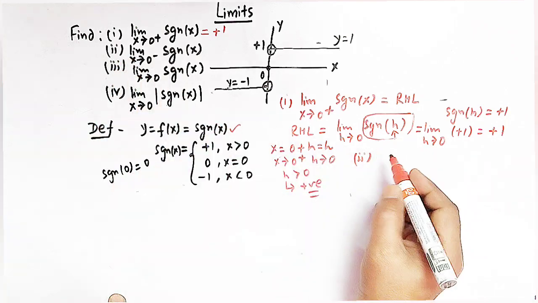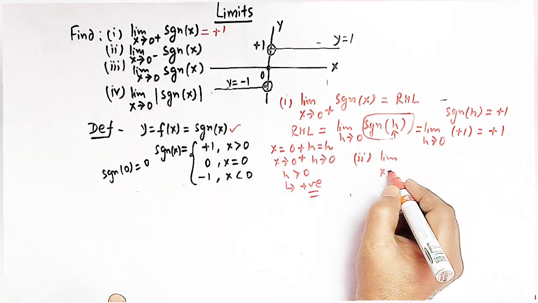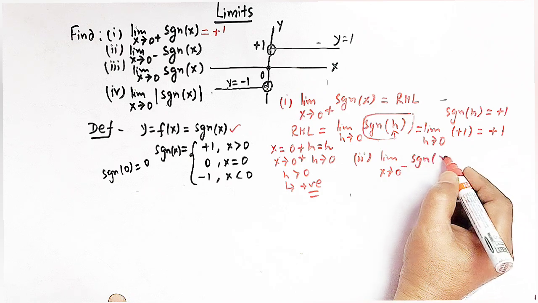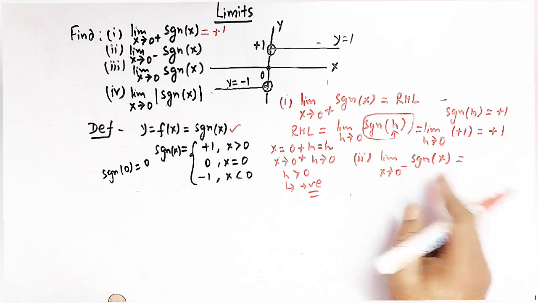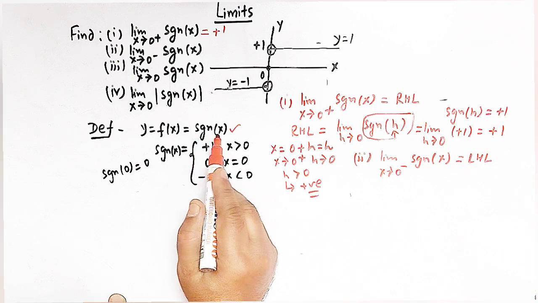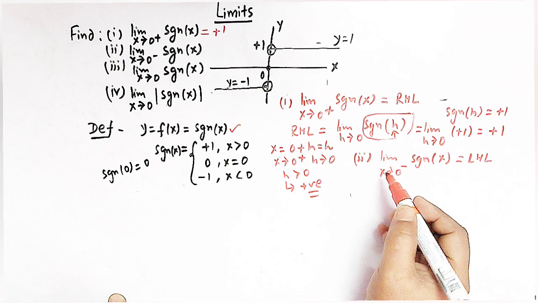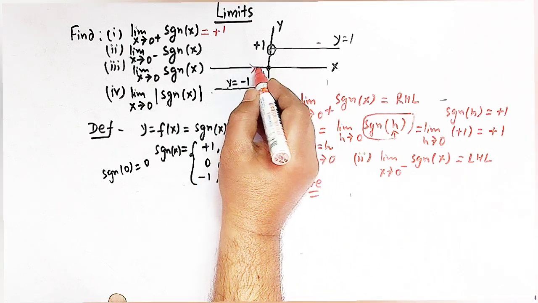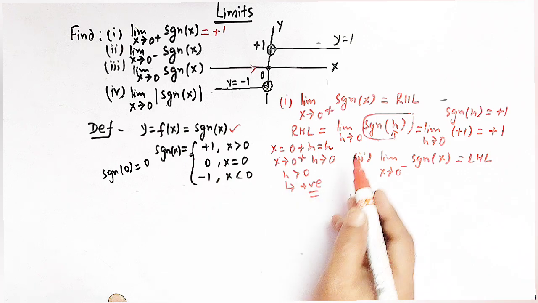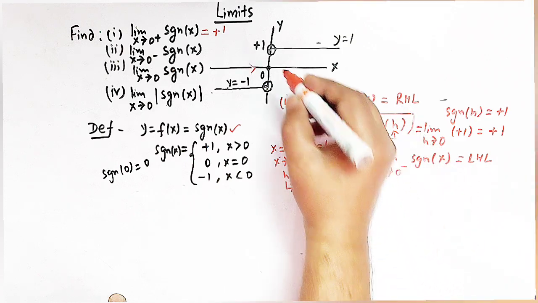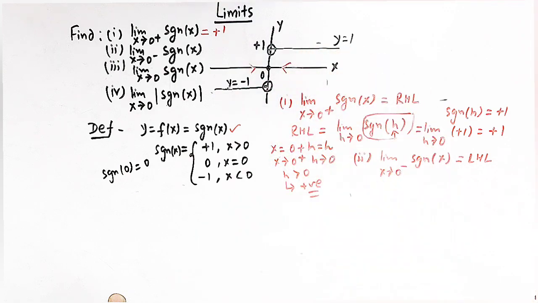And similarly we can find out this limit, that is limit x tends to 0 negative, and here we have signum of x. So this is basically the left hand limit of this function signum of x when x approaches 0 from the left of x is equal to 0, and when we evaluated the right hand limit, then x approached 0 from the right of x is equal to 0.